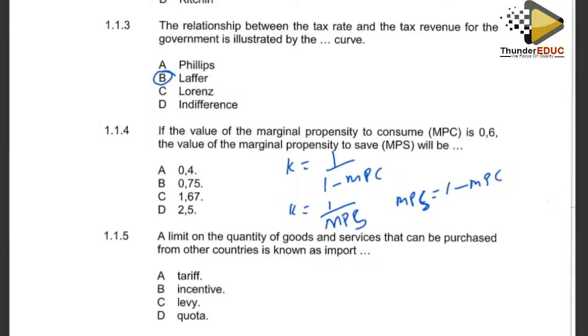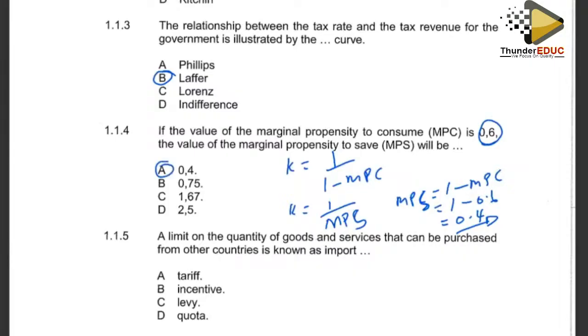The MPC that we have is 0.6. When you substitute, you have 1 minus 0.6, which gives us 0.4. So if you check the options given, the appropriate answer in this regard is A.